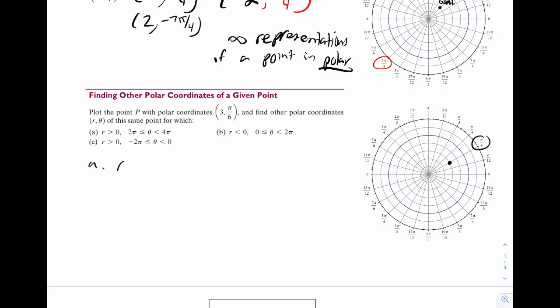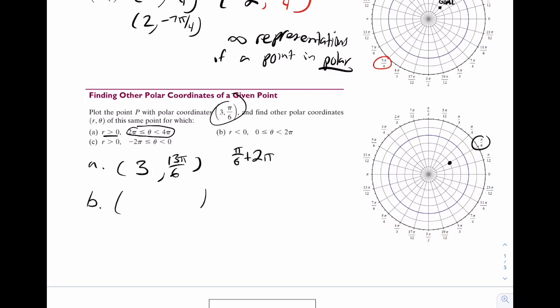So for A, it says r must be positive. So just keep r the same, 3. But look at this, theta is between 2 pi and 4 pi. So let's just take pi over 6 and just add 2 pi to it. Just add 1 rotation. That'd be 13 pi over 6. So again, that's another representation of this point.